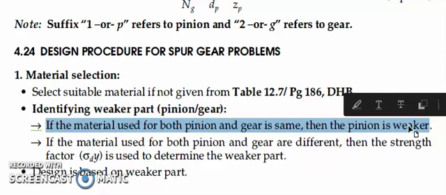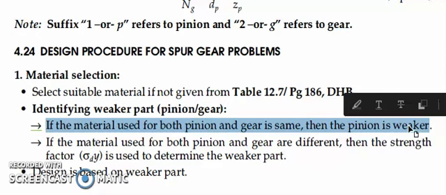For a gear drive we need two gears: one smaller and the other bigger. Generally the driver is known as the pinion, the smaller one, and the bigger one is the wheel, generally known as the gear.